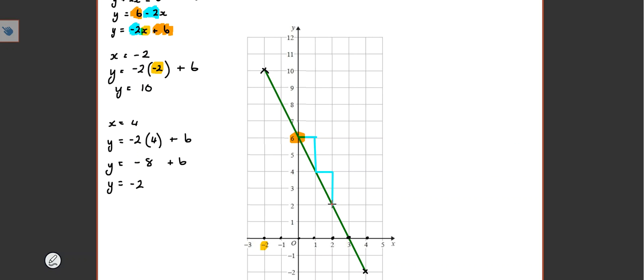So actually, I think Jen was going to explain how we could have done it like that. What Jen was going to say, until I cut her off, was that because of the plus 6, we could have just put a point on the y-axis at 6, and then done the gradient of minus 2, which is across 1 down 2, and we could get all the points that way.